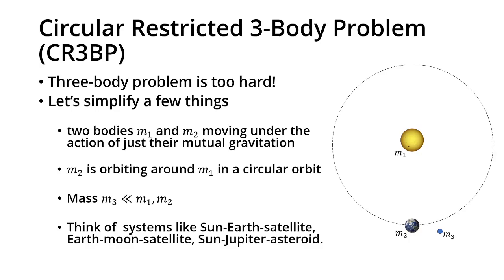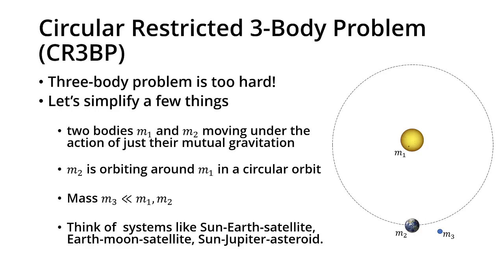So let's simplify a few things. Let's just consider that M1 and M2 are the gravitating masses. That means both of these masses are going to influence each other. But the third mass is so small compared to these two that it is not going to influence the motion of the other two masses.